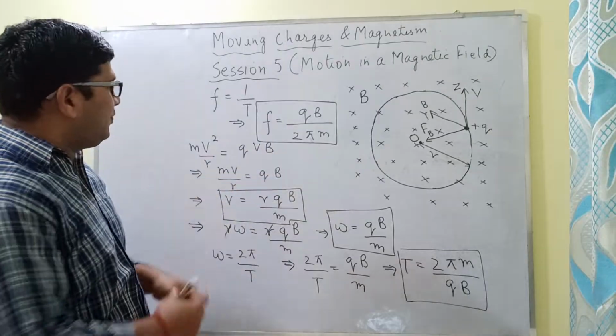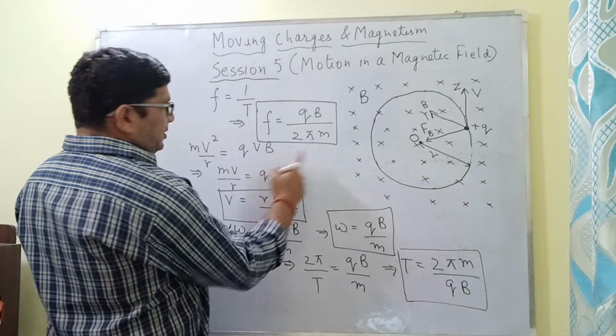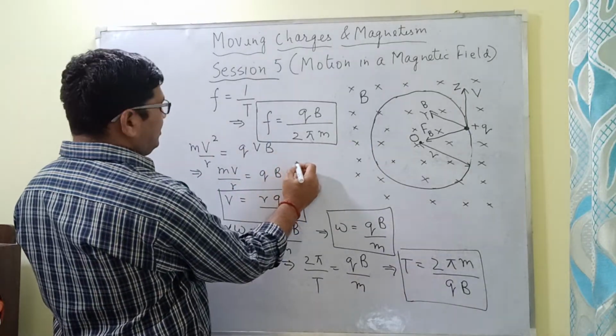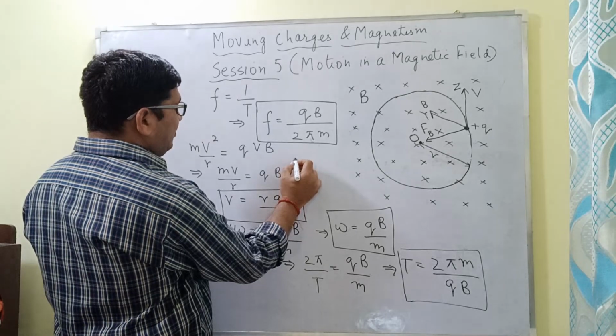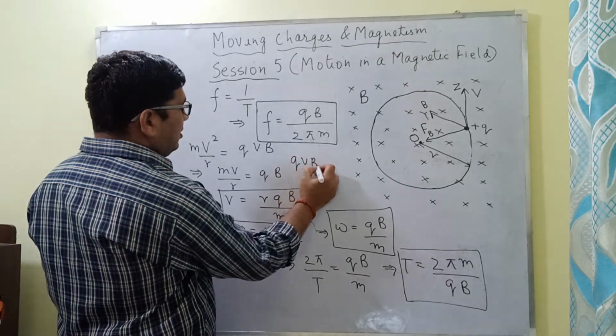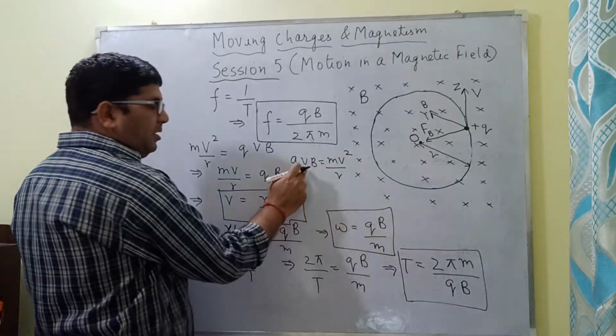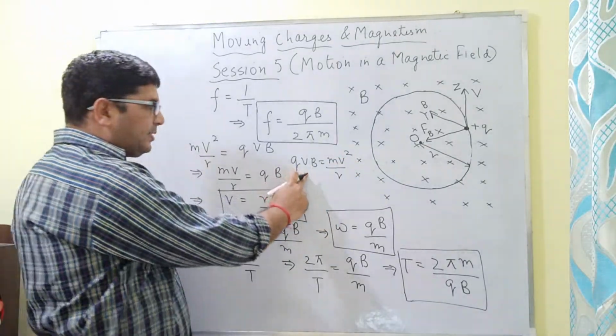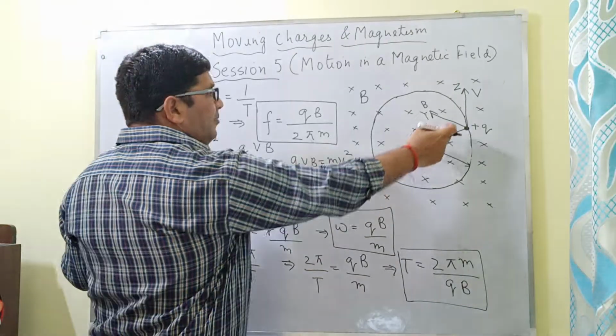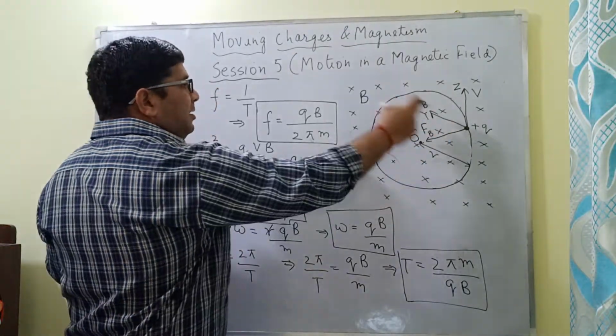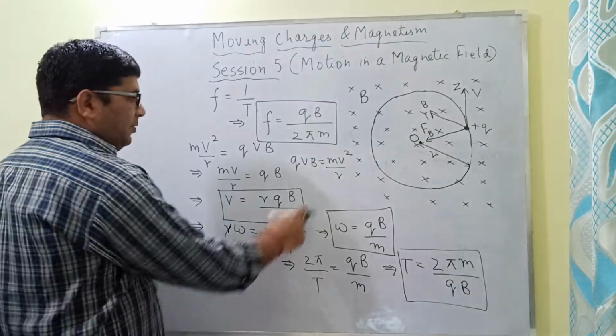With the help of this relation, that is the magnetic force QVB is equal to mv square by r, we have used the relation that the magnetic force will provide the necessary centripetal force so that this charged particle revolves in a circular path of radius r.